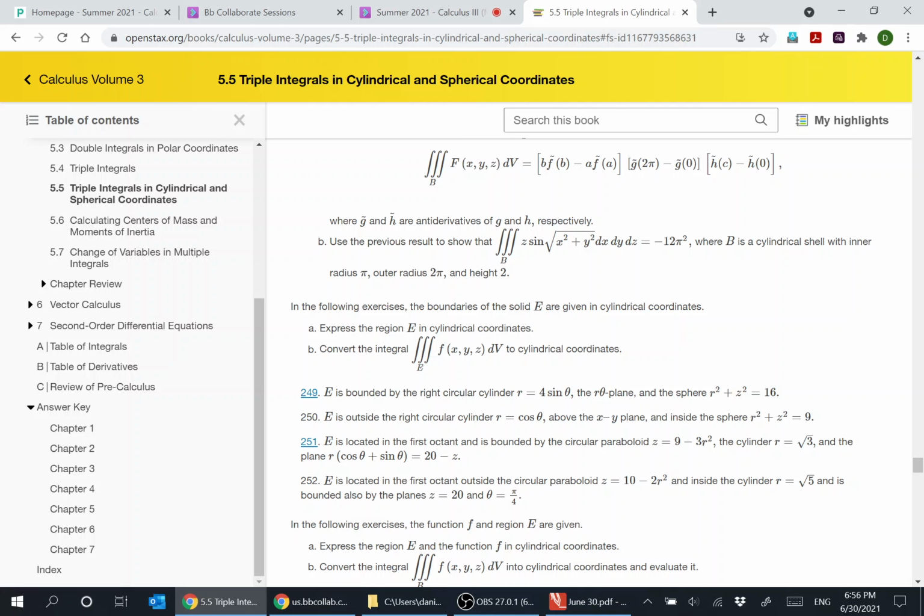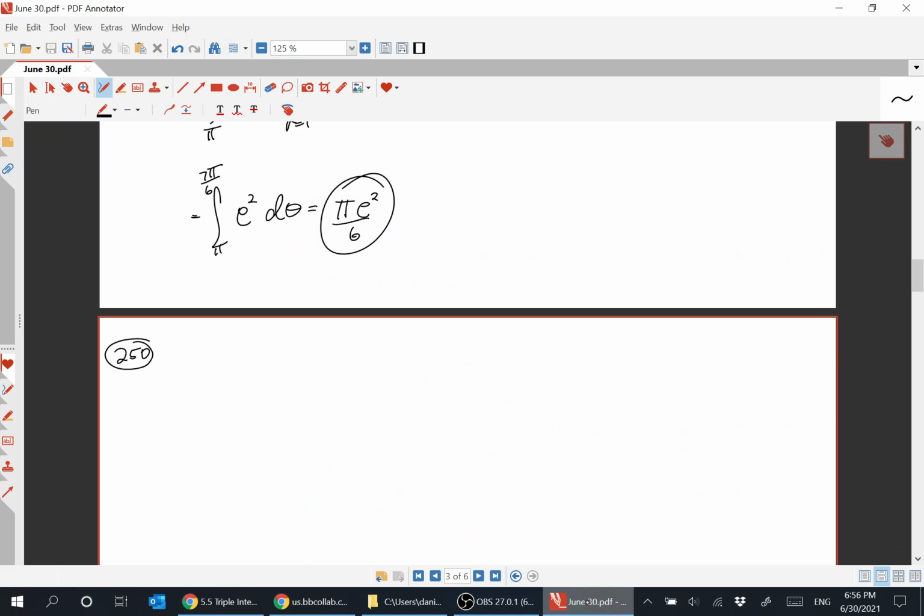So r equals cosine theta in the xy plane is this. We've talked about that one a few times. Right, that's the circle of radius 1 centered at 1/2.